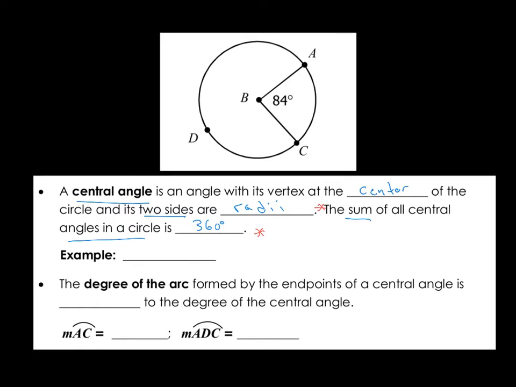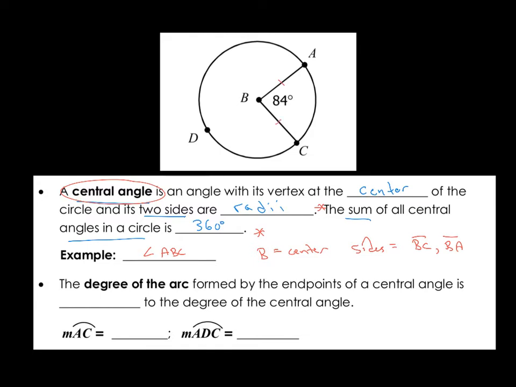Now up top, we have an example. Angle ABC is a central angle. Why? B is at the center of the circle, and the sides are segment BC and segment BA. So don't forget that these are congruent pieces because they're radii.